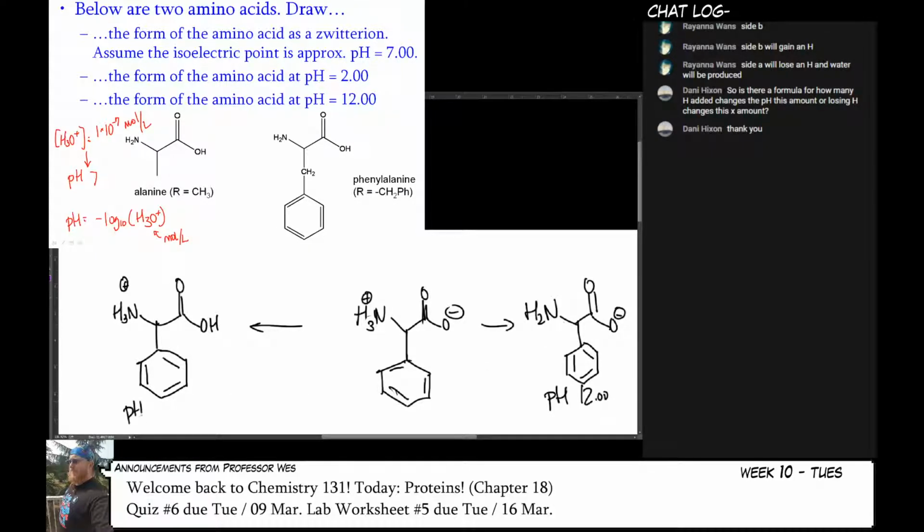It doesn't matter at all. There you go. So there's our structures, and that's what our amino acids will look like at various pHs. Any questions, let me know.